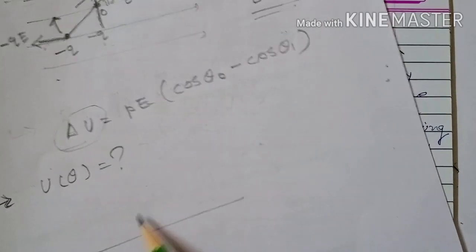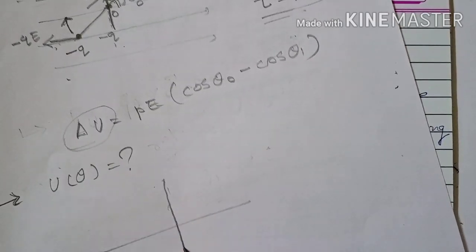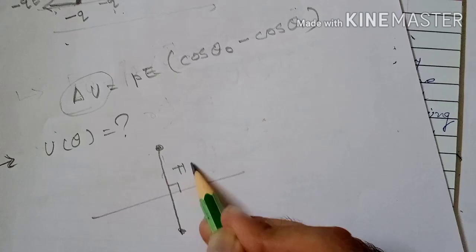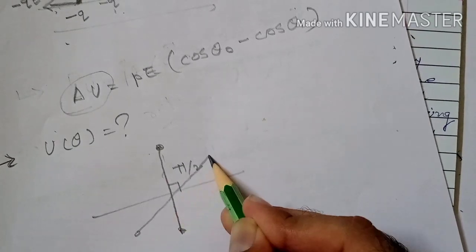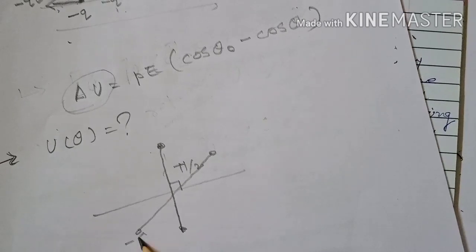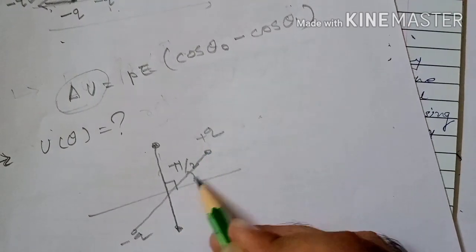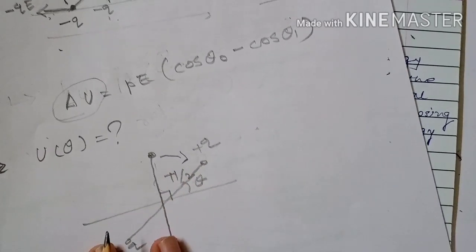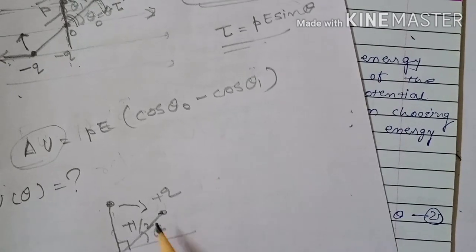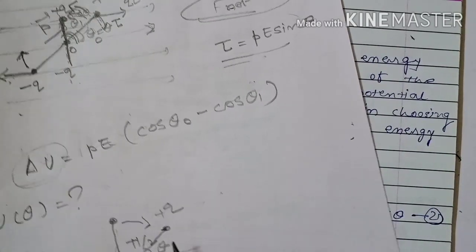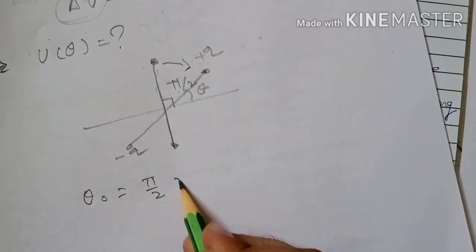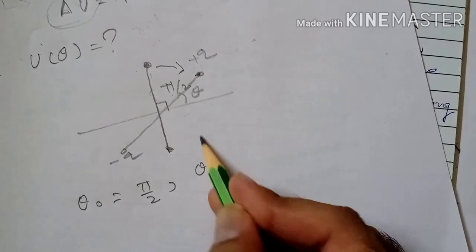So let me take, if we rotate the dipole from theta equal to pi by 2 to some angle theta, this is minus q, this is plus q. In rotating the dipole from pi by 2 to theta, the initial angle theta naught is equal to pi by 2, and finally we reach angle theta 1 equal to theta.